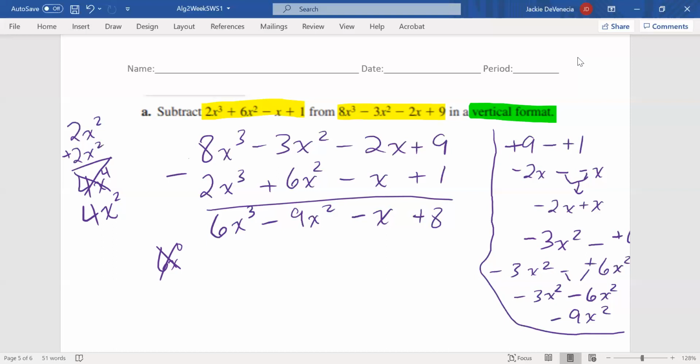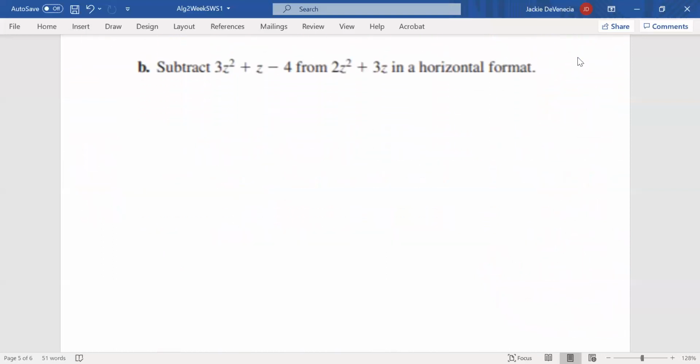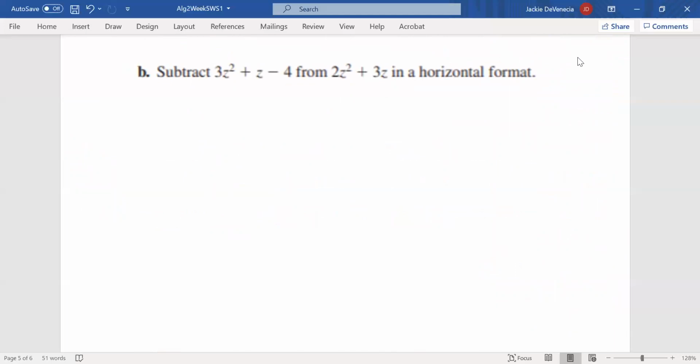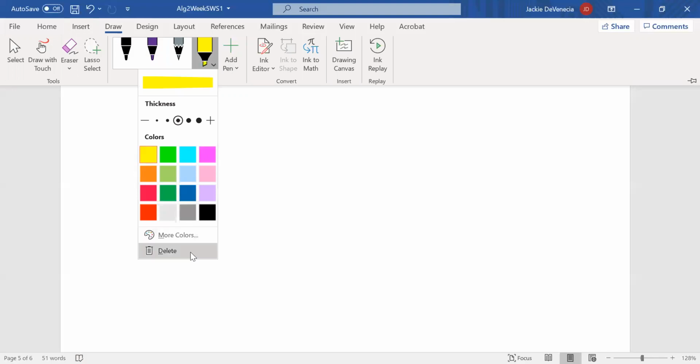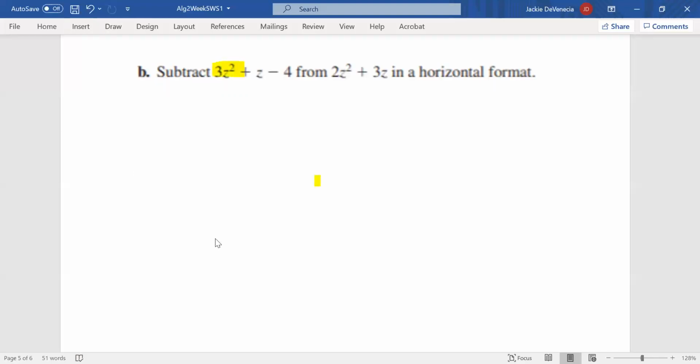All right, so let's move on to a different problem. This one here, I'm subtracting 3x cubed. So I'm subtracting this from this, and I need to do it in a horizontal format.